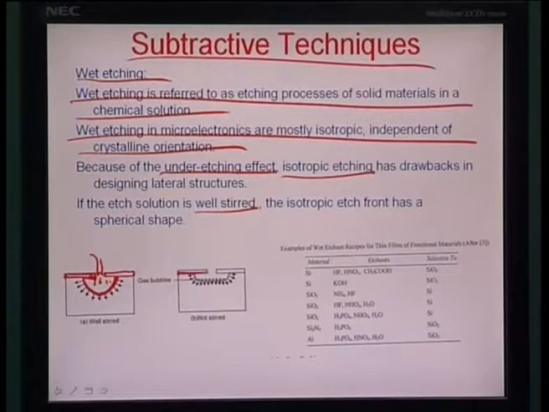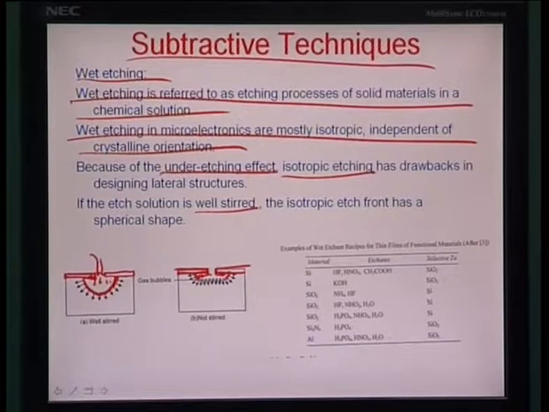Let us actually see how it happens. This is the mask window again, and you have this layer of material removed from under the mask window. This particular area is known as the under etch of this feature or structure.